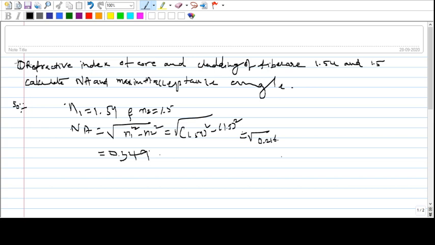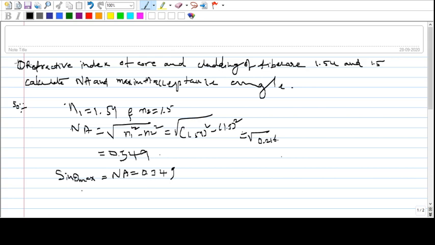This is the numerical aperture value, 0.349. Now from this, what is the maximum acceptance angle? That is theta c or theta max or alpha m. Sine of theta max is equal to the numerical aperture, that is 0.349.